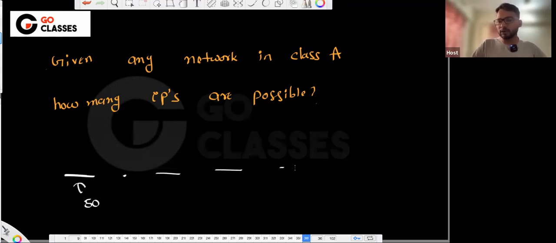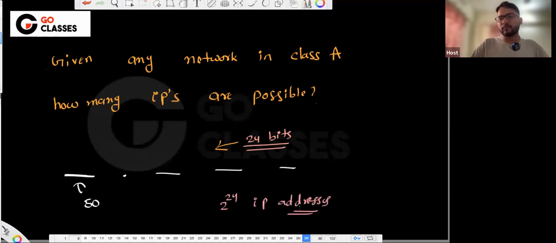Then you can change all these 3 bytes, which means these 24 bits. If you can change these 24 bits, each bit can take either 1 or 0. That means 2 power 24 IP addresses are possible. Okay, that's what we have already seen in the theory lectures also.